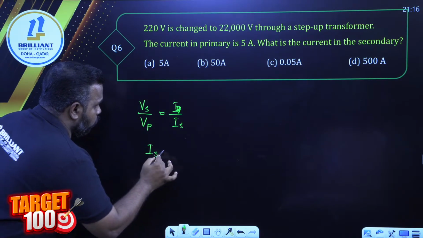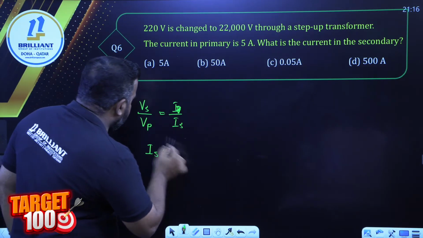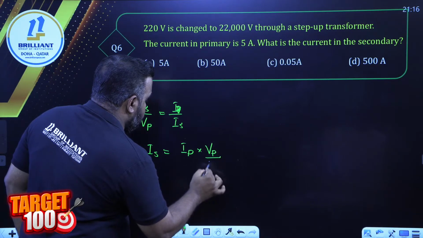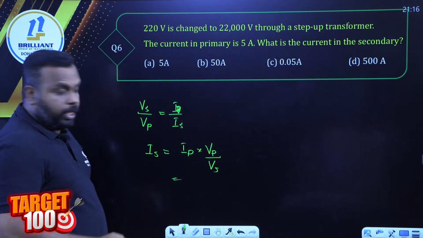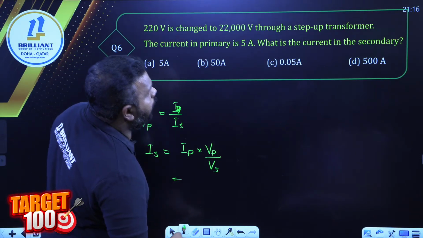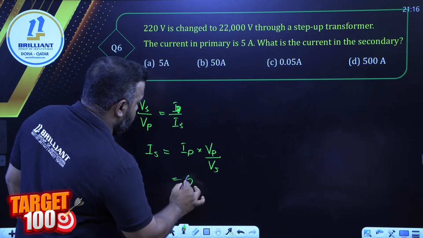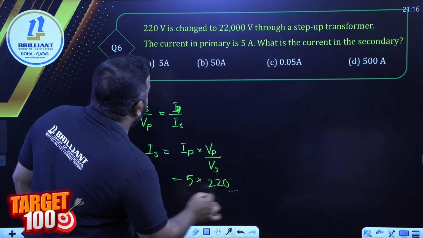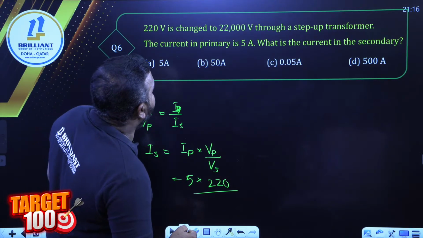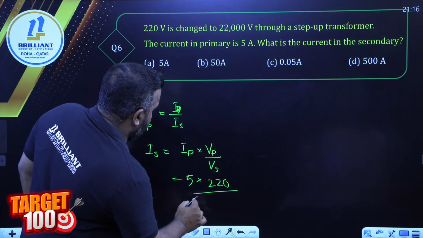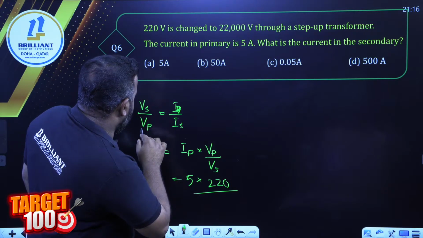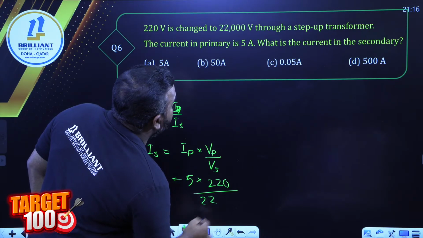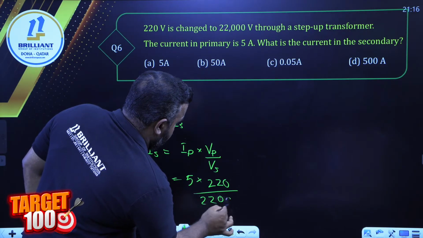So Is will be equal to Ip into Vp by Vs. Ip is given as 5 ampere, into Vp, the primary voltage, 220, divided by Vs, 22,000.